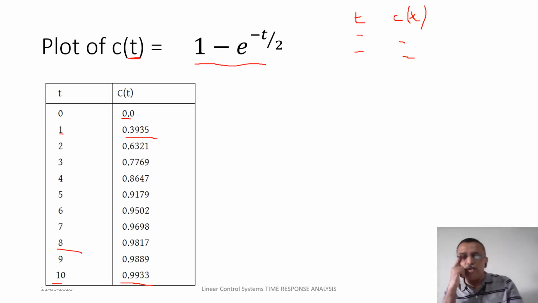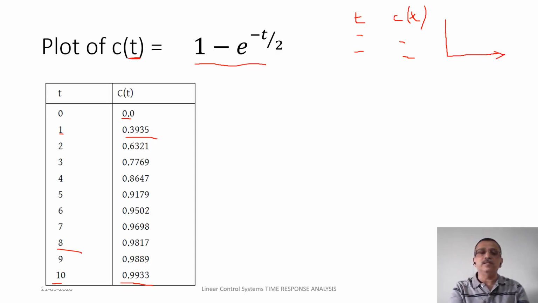Now, how will you plot this? You draw x-axis and y-axis. X-axis is time, y-axis is C(t). At 0, 0, you get a point here. I'll use another color. Then t is 1. Corresponding to 1, I'll get another number.